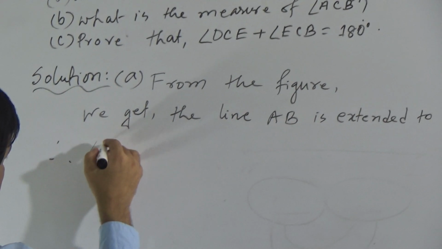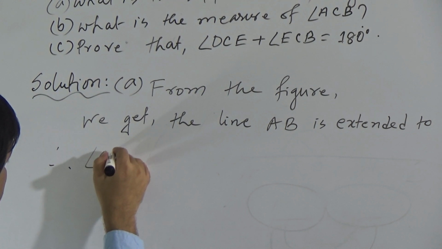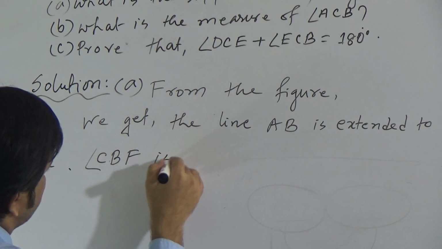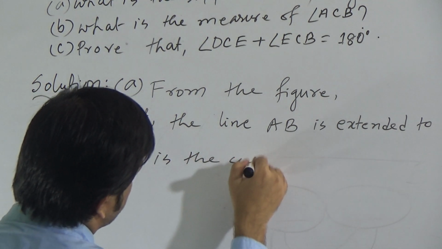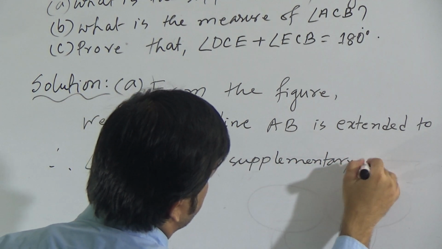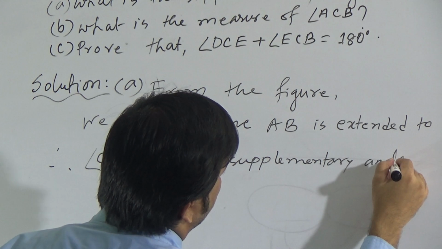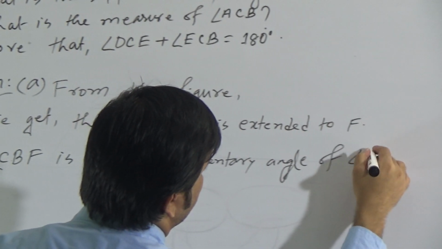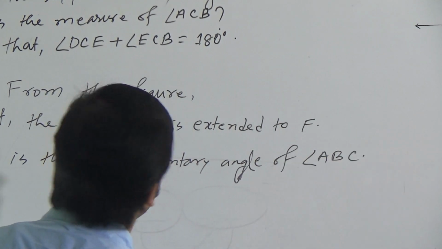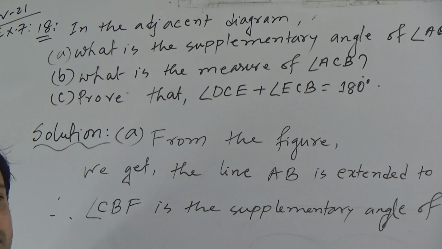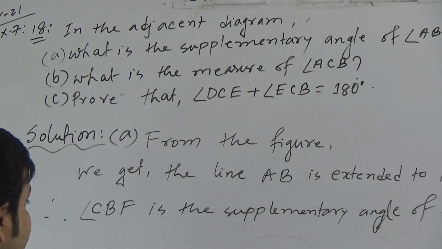So we can write angle CBF is the supplementary angle of angle ABC. This is our solution of first question. It means question A. Now I have to solve question B.